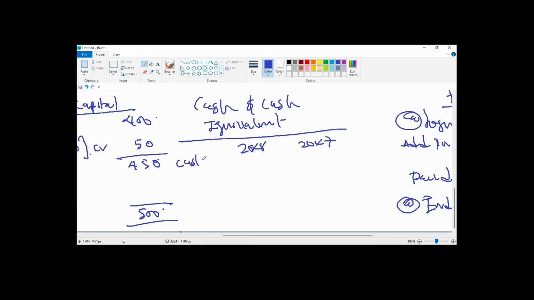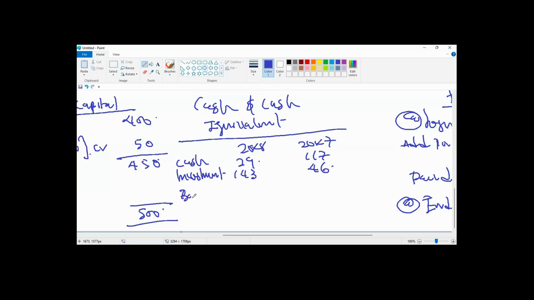So cash at the beginning 2007, 117. In 2008, 29. Investments: in 2007, 46. In 2008, 143.